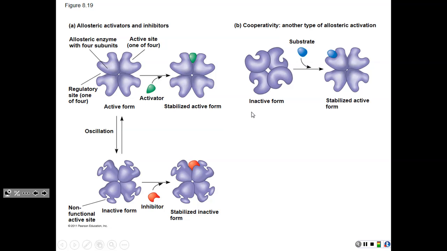And again, that's ultimately what inhibitors and activators are all about. So let's start on the positive aspect of it. We'll talk about an activator.